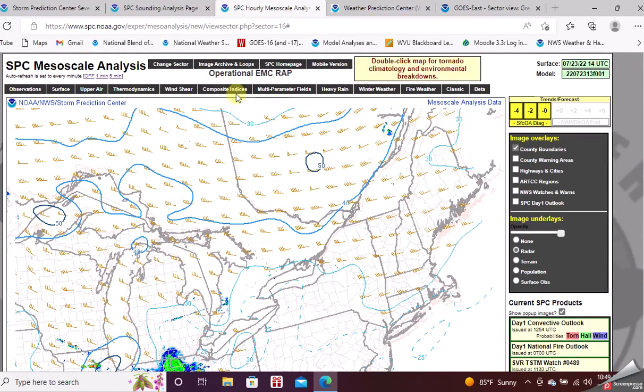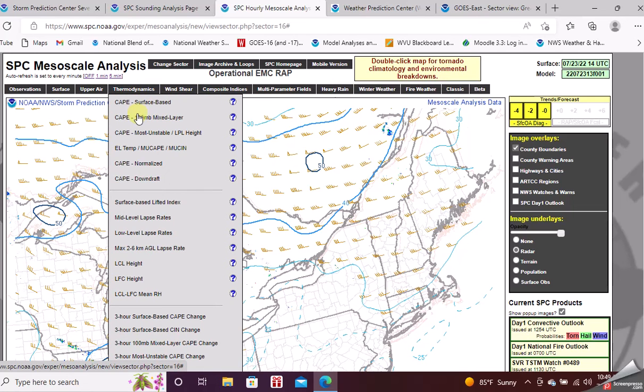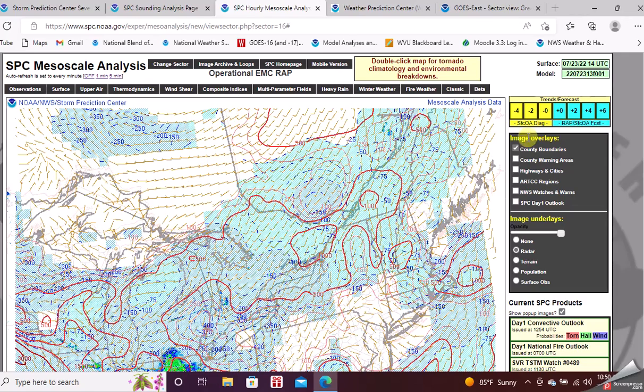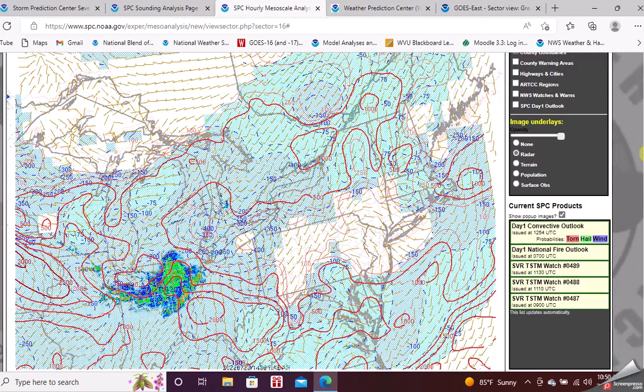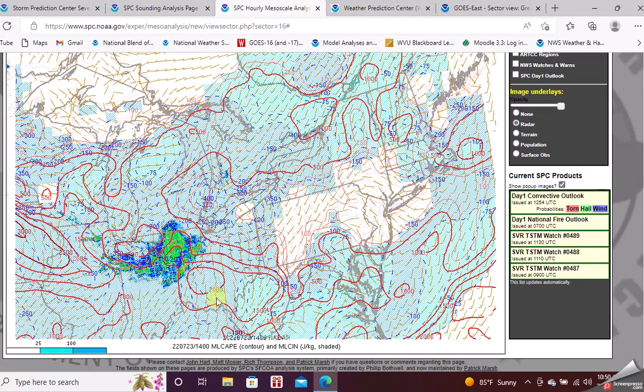Another interesting thing is just looking at how much CAPE, convective available potential energy, there is with this system. Notice right in here is the maximum area. It's right out ahead of it. It's over 2,000 joules per kilogram, if you're interested what the units are.